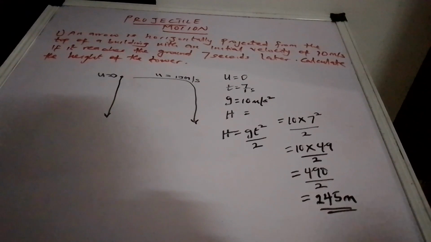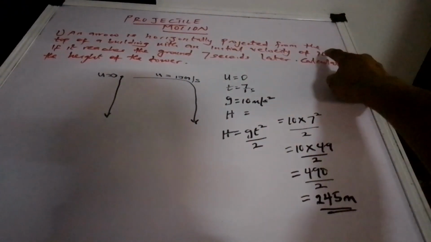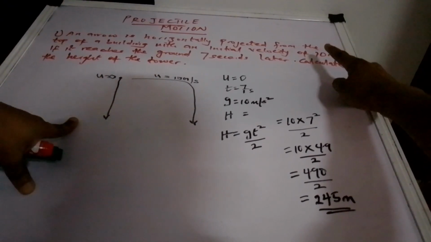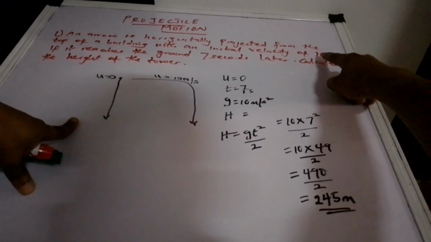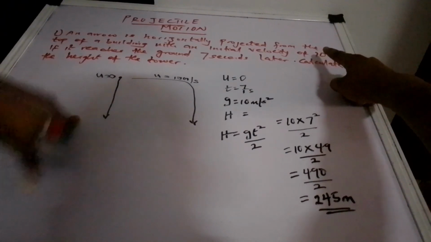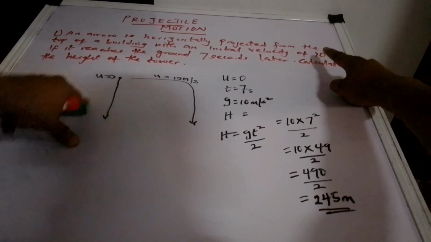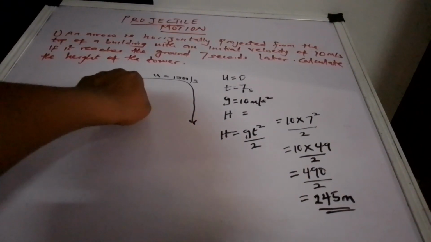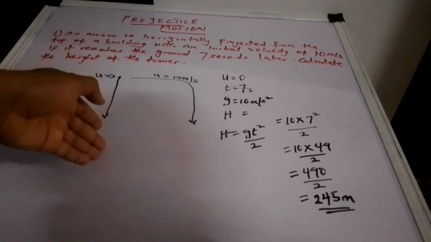Even if the question is rephrased and they change this velocity to 15 meters per second, to 20, to 30, irrespective of the velocity, the height of fall is still 245 meters, because the velocity you use to throw an object has nothing to do with the vertical component.